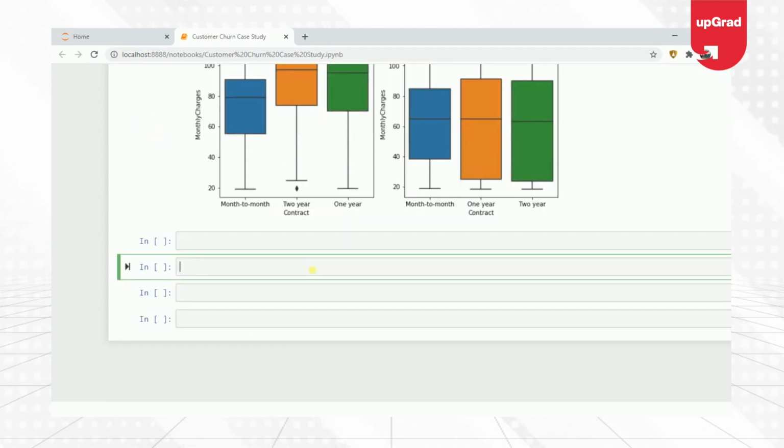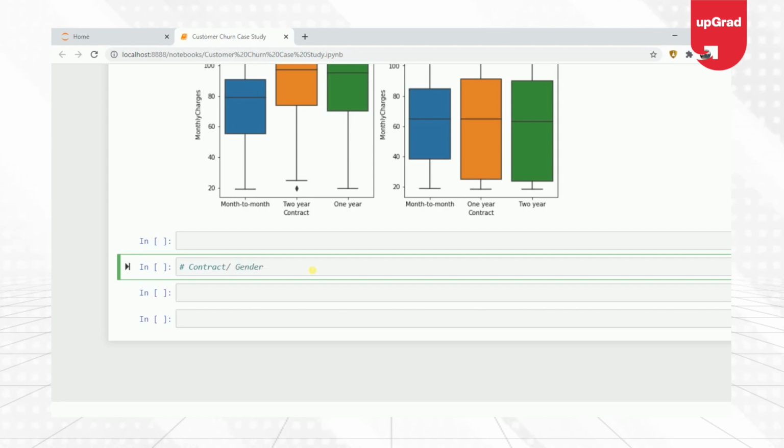All right, let us perform one more plotting here, one more analysis, and this time we are going to observe the trend in the churning of the customers based on gender. Once again, this is going to be a bivariate analysis, and in this bivariate analysis we are going to compare the people's contract type with the company against the gender.